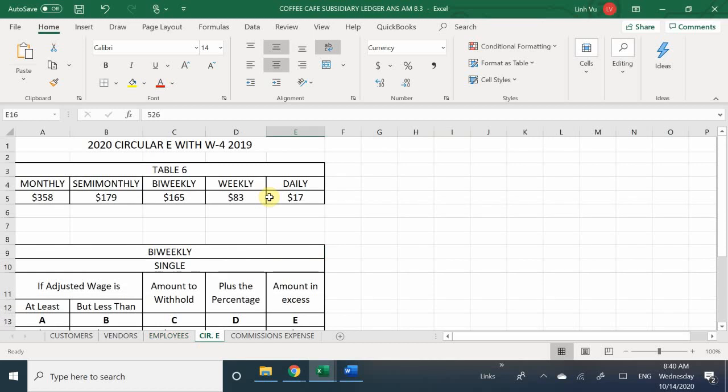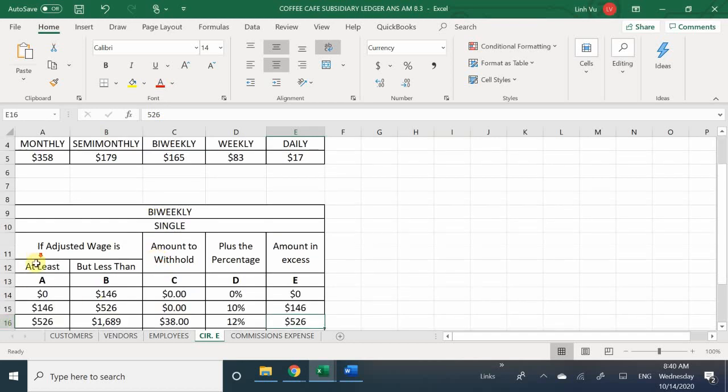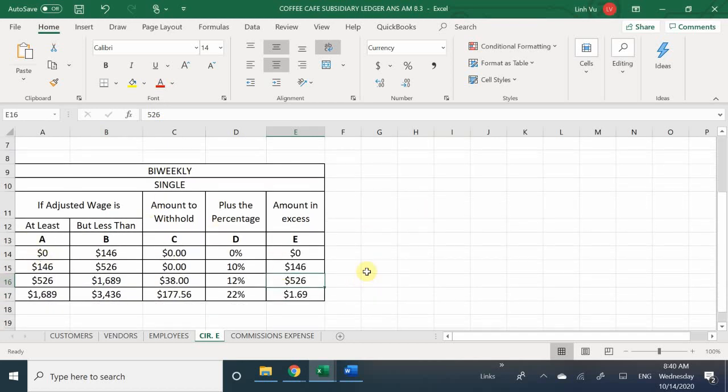This is the 2021 table for single people, bi-weekly, and here's what the table should look like. So I provided everything for you so that you don't have to look through too much.